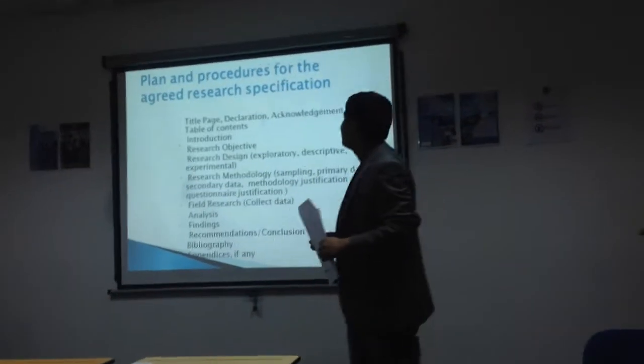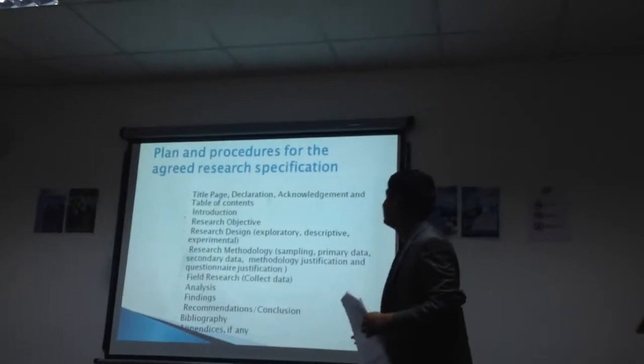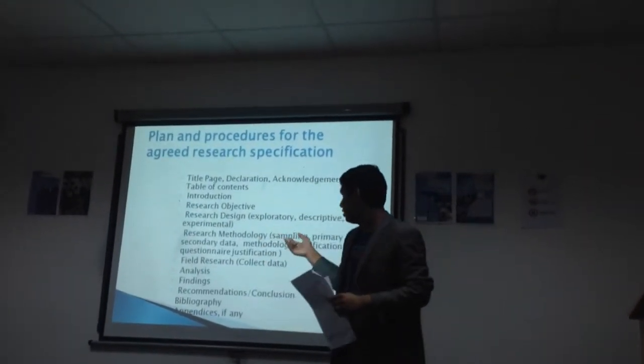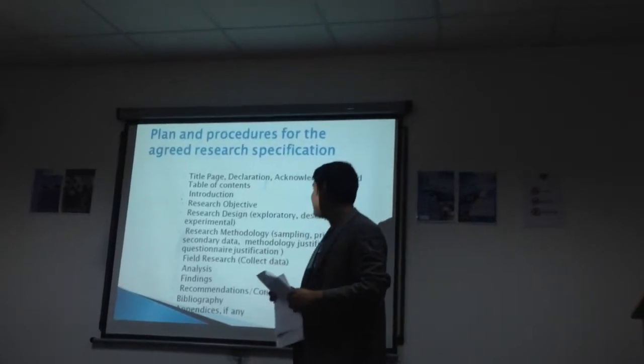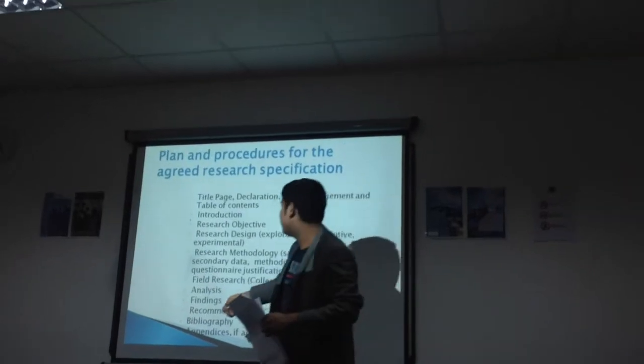The next one is plan procedures for the agreed research specification. That is, you have to have a title page, declaration, acknowledgement, table of contents, introduction, research objective. I know that you all know everything; I'm just focusing on the bibliography.